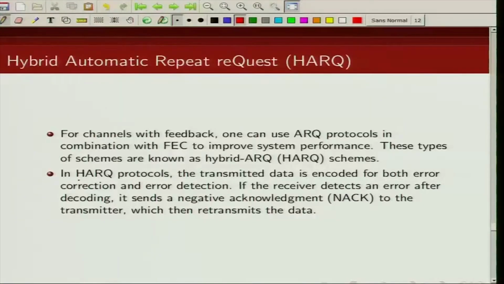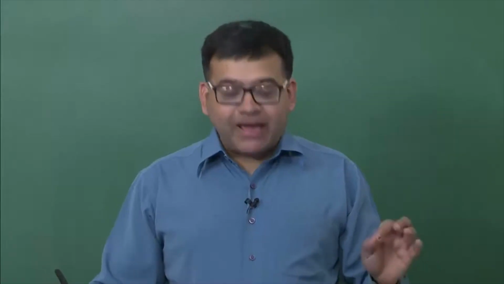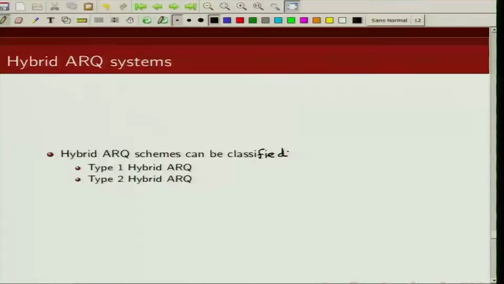So in hybrid ARQ protocols, we encode the transmitted data for both error correction as well as error detection. If the receiver detects an error after decoding, it will send a negative acknowledgement and then the data will be transmitted again. So hybrid ARQ schemes can be classified into two categories. The first one is known as type 1 hybrid ARQ scheme, and the second one is known as type 2 hybrid ARQ scheme.